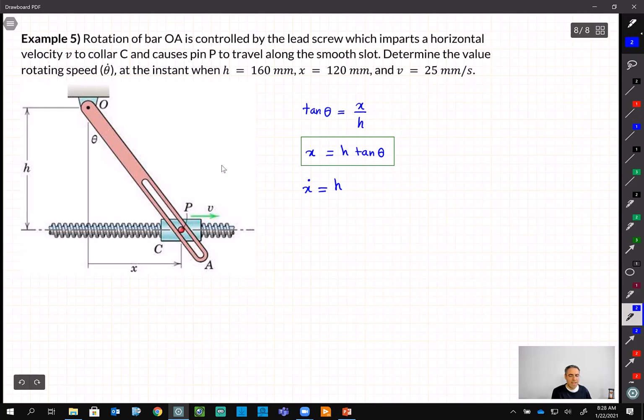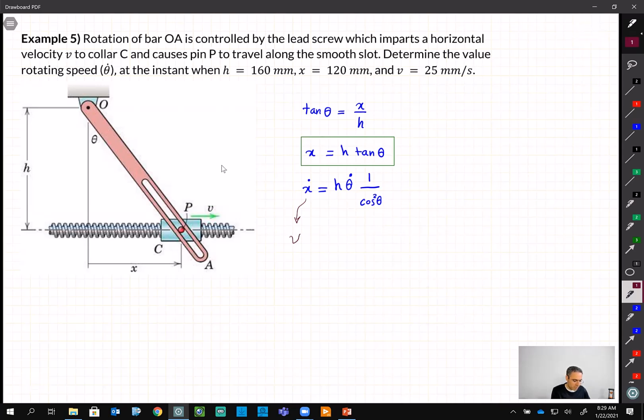On the right side, tangent theta: first we take the derivative of the inside, theta becomes theta dot, and then the derivative of tangent theta, which is 1 over cosine squared theta. Problem solved. We have x dot, which is equal to v.